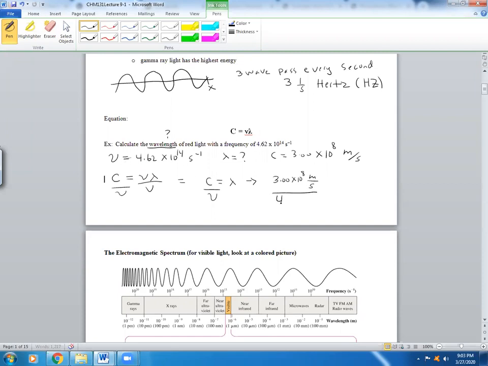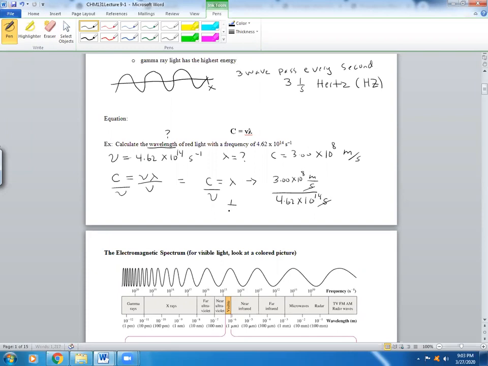Frequency is 4.62 times 10 to the 14th inverse seconds. And remember, inverse becomes seconds here. So again, you notice that the seconds are going to cancel out.